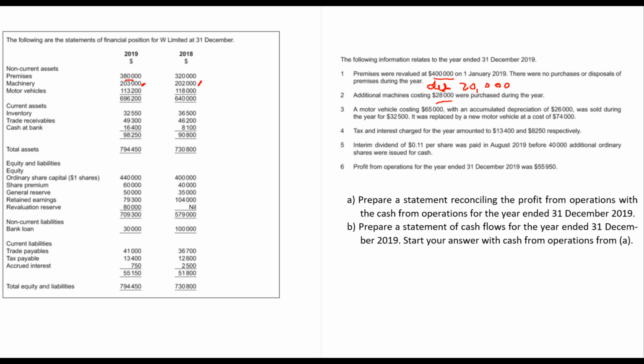At the end of the year, the net book value of your machinery was $203,000. So, you started the year with $202,000 worth of machinery, you purchased during the year $28,000 of machinery and you ended the year with $203,000 worth of machinery. So what happens? Your depreciation is $27,000.